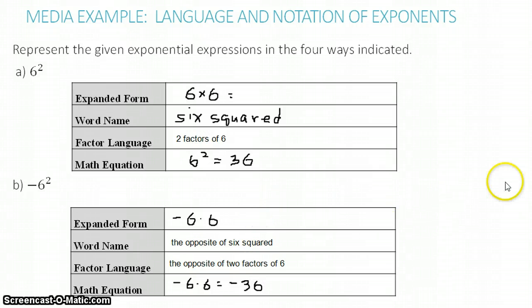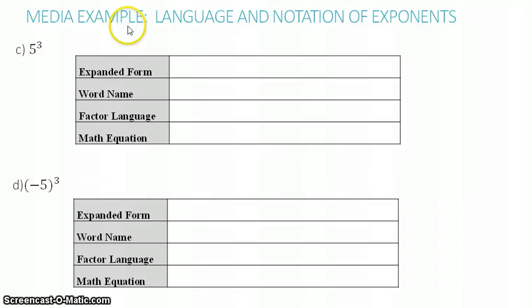Let's look at the next one. Here we have 5 to the third power, or 5 cubed. In expanded form, this means multiplying 5 by itself 3 times, or 3 factors of 5.